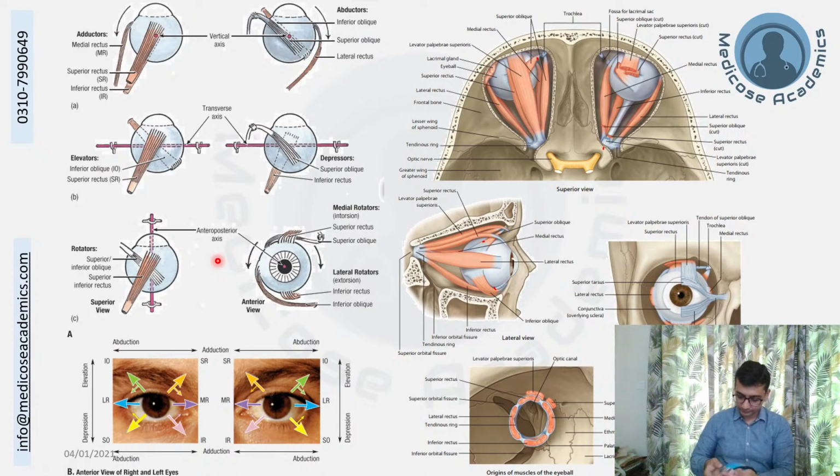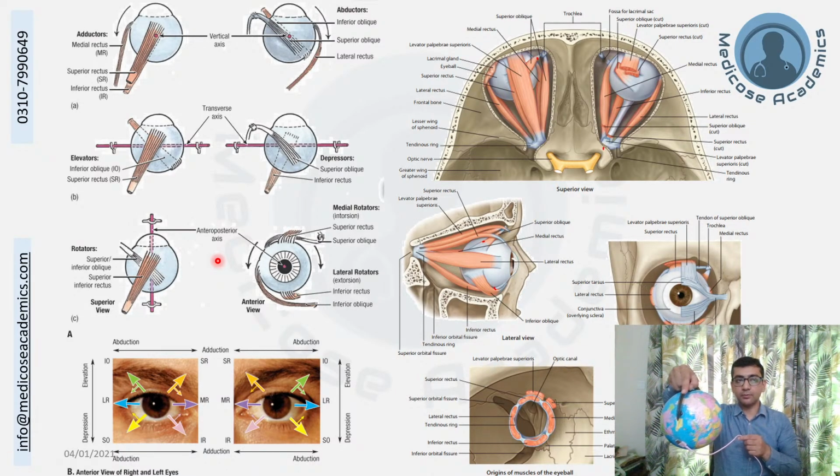If we do like this, okay, this is the anteroposterior axis. This is the inferior rectus attached right here, and this is its medial approach. We're talking about the right eye. So when it contracts, it will move the upper surface of the eyeball laterally and the lower surface of the eyeball medially. That is known as extorsion. So you can see it right here.